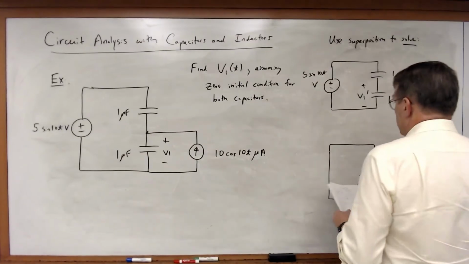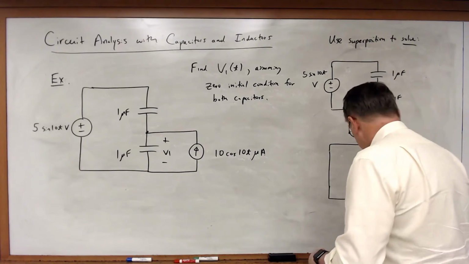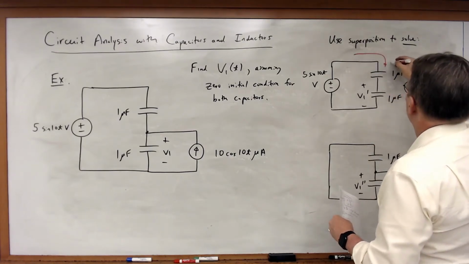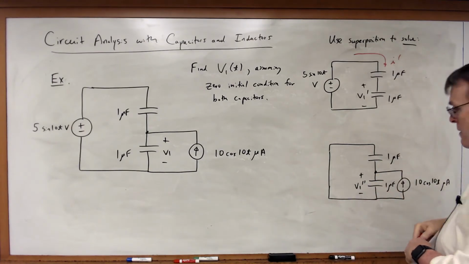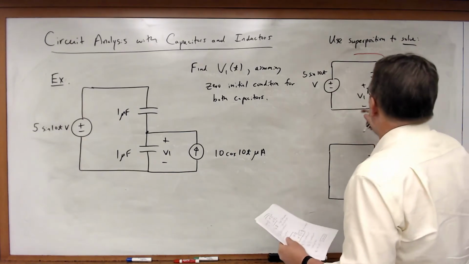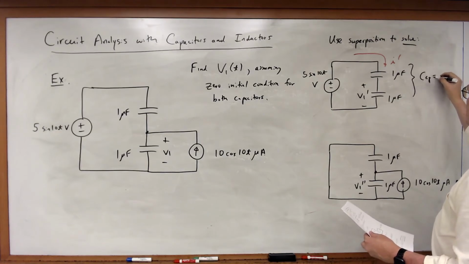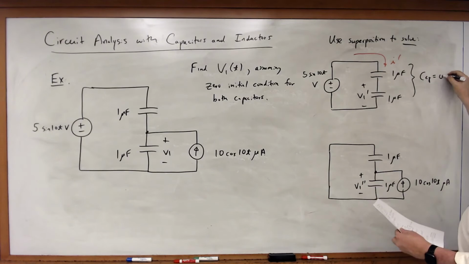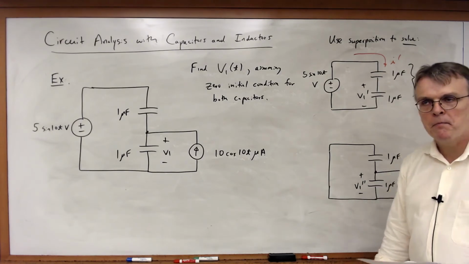So for the problem at top, I'm going to define a current I prime, and I'm going to write the equations for that. My equivalent capacitance, CEQ, is going to be 0.5 microfarad in series.